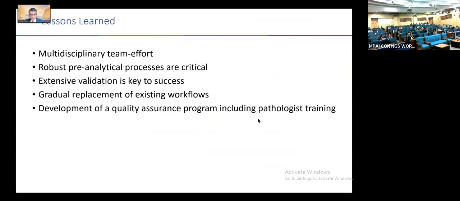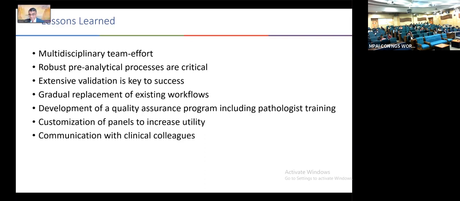We do require pathologists as well as highly trained scientists who can perform this and maintain high quality. Also, customization of panel content may increase its utility, and communication with our clinical colleagues is a must, so that we can realize the most value from this entire effort.